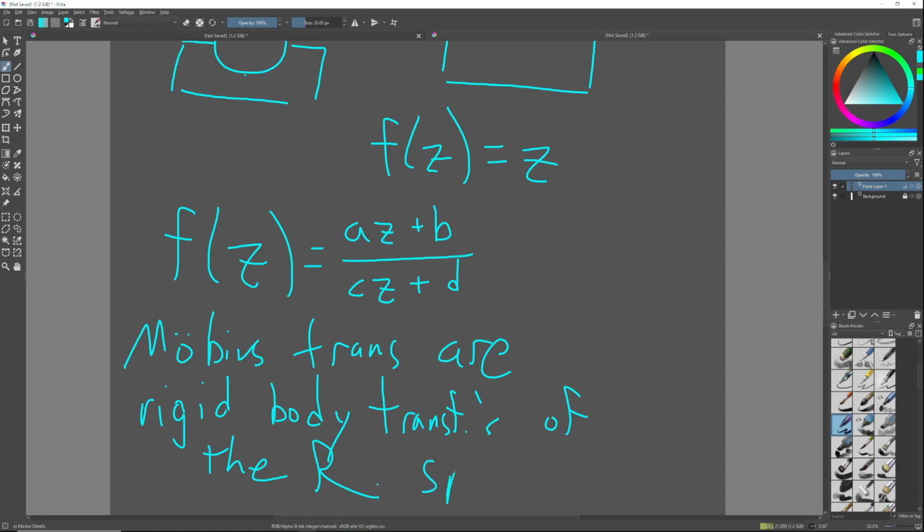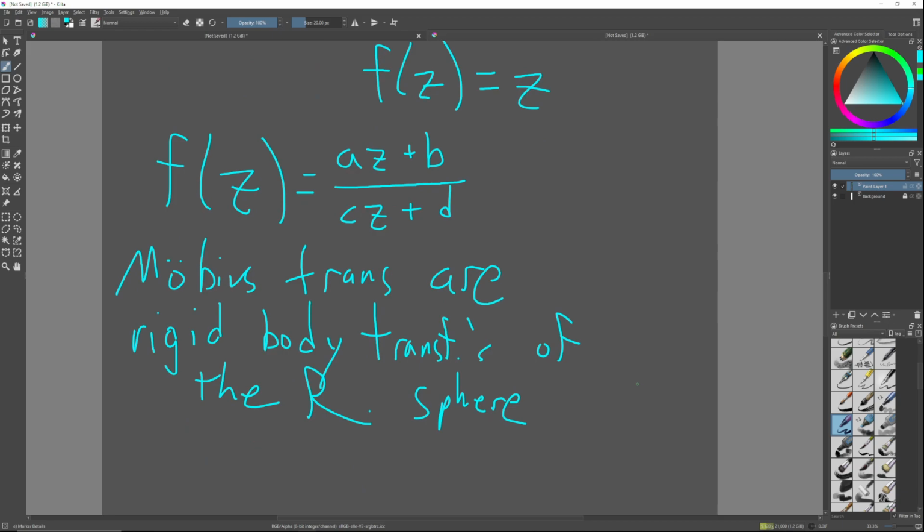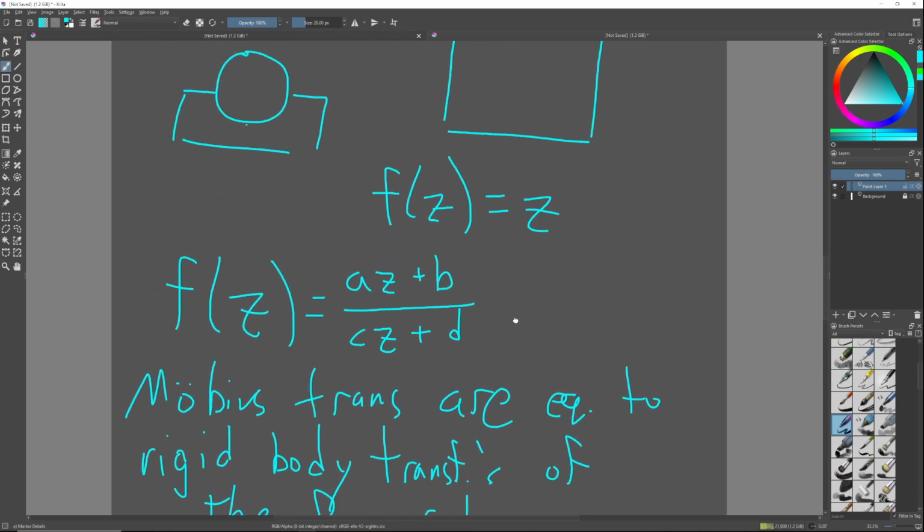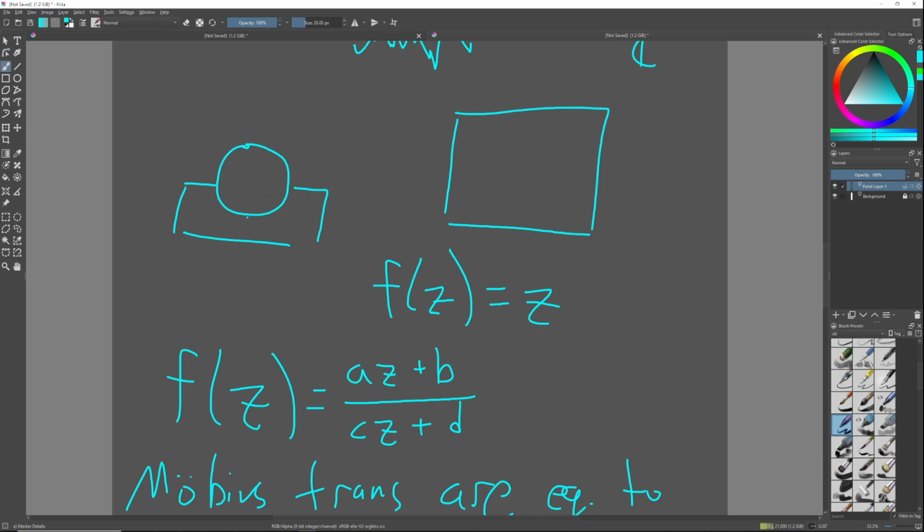I'm getting lazy to write it. This is a really amazing fact. Great fact. One of my favorite facts. Mobius transformations are equivalent to rigid body transformations of the Riemann sphere. So you can imagine the Riemann sphere and you move it around, okay?